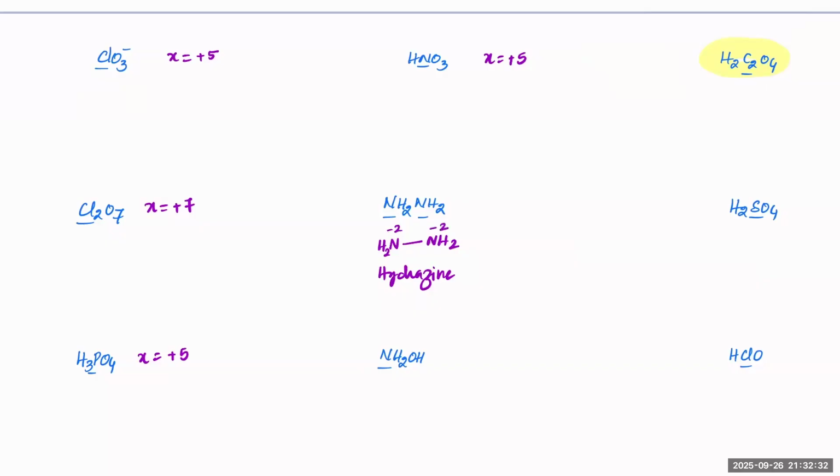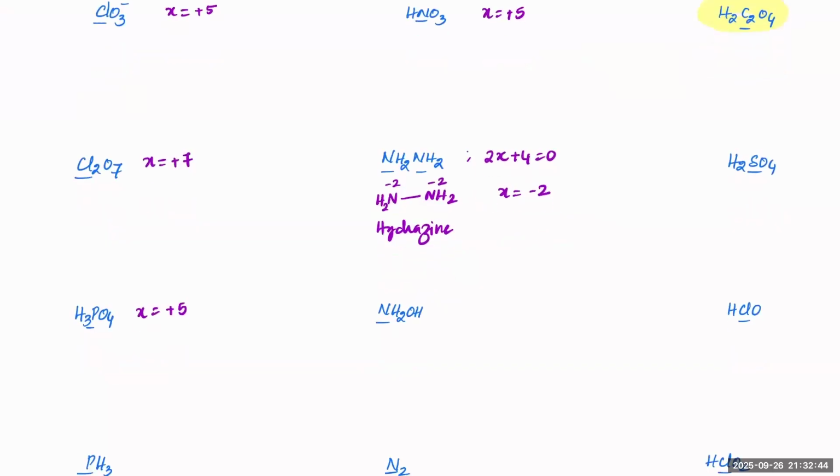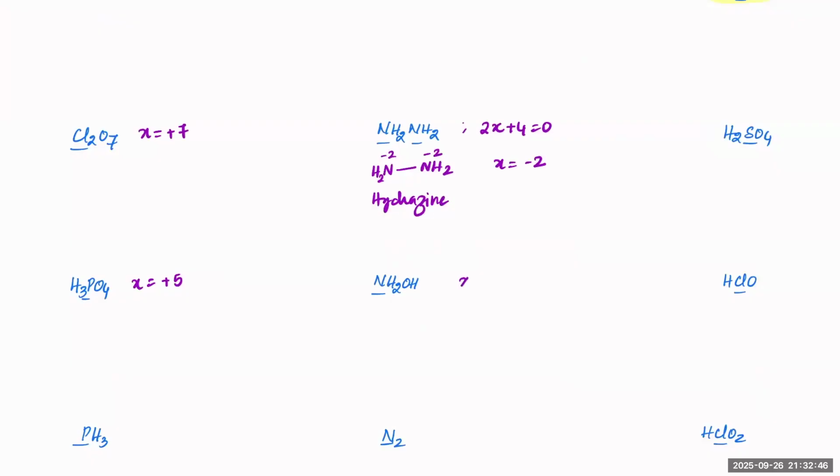And as an algebraic sum also, you can see 2x plus 4 equal to 0, and each nitrogen will have -2 charge. And here x plus 3 times -2 overall equal to 0. So that makes x equal to -1. This is also very frequently used, known as hydroxylamine.